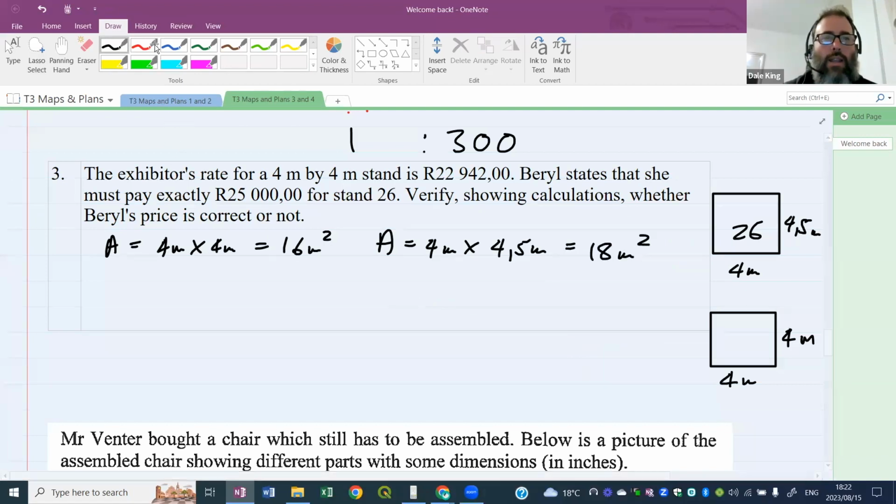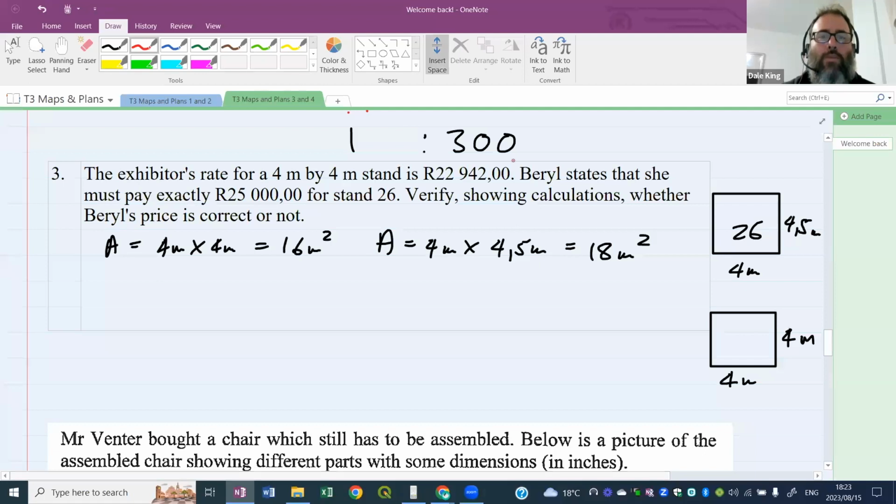So now we're going to relate the monetary value to this area. How could we do that? Because everyone should be paying the same amount per unit area in this hall. It's not like some person has to pay a little bit more because they're near the toilet or something like that. Everyone should be paying the same amount per unit area.